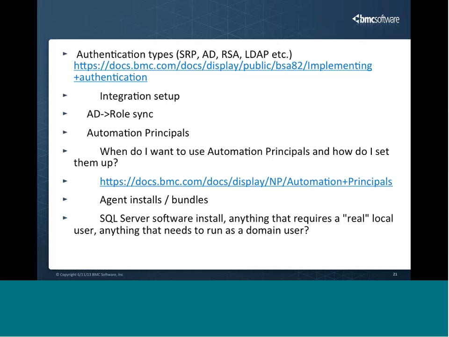There's some setup to all of those integrations, but as of, I think even 8.1 and later, but definitely 8.2 and later, the Active Directory authentication setup is very straightforward. There's then an individual command that does the sync from Active Directory into roles, and that's pretty straightforward as well.